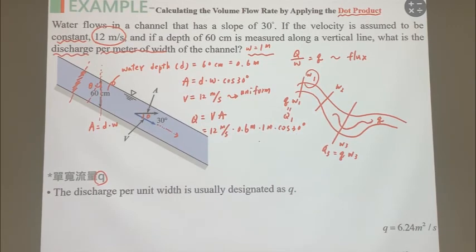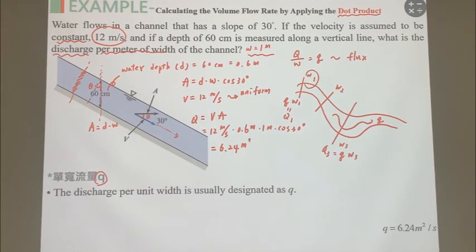Okay, the theta is 30 degrees. Okay, so you can compute the answer, which is roughly equal to 6.24 meter cubed, so we have meter cubic per second.